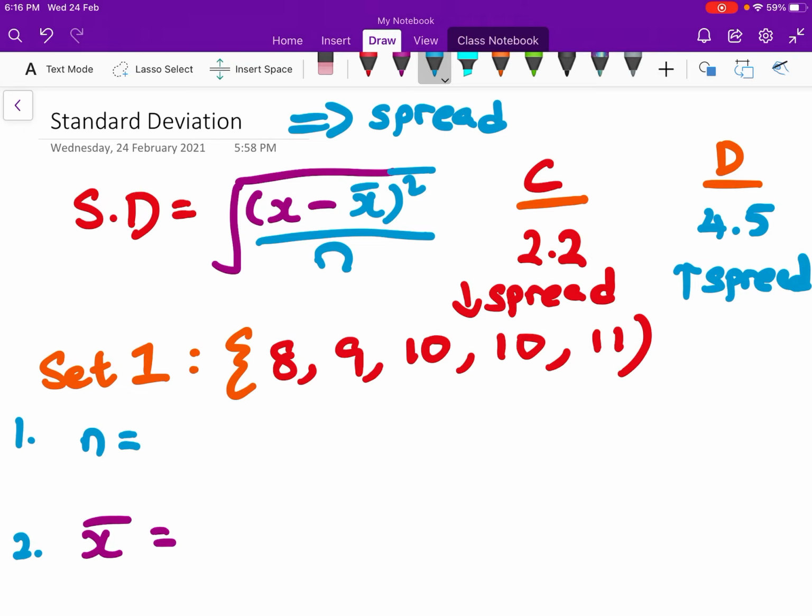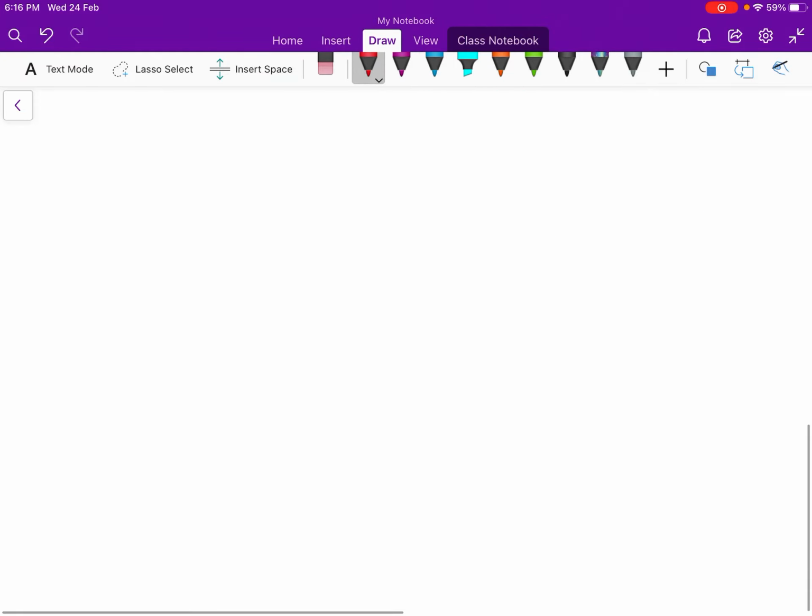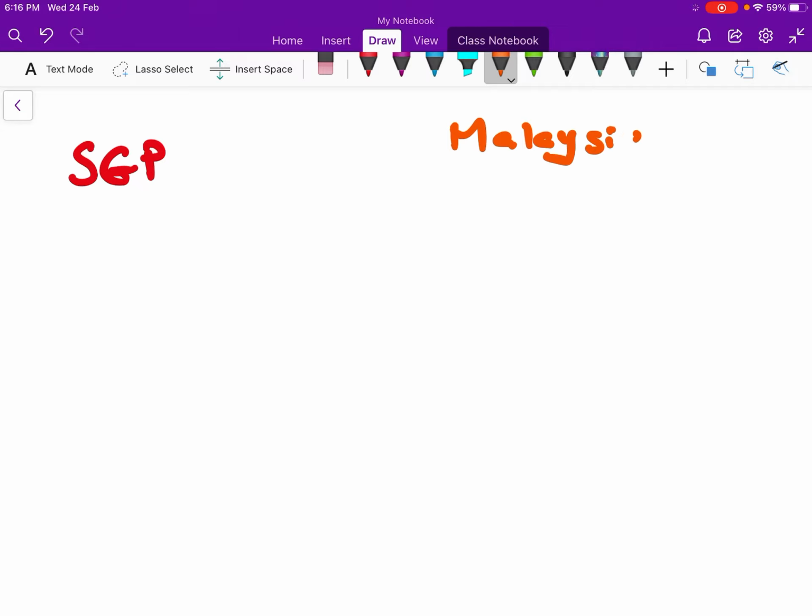Another example is income. Let's say I have Singapore versus Malaysia, and I have the data of all the income earned by all the Singaporeans.